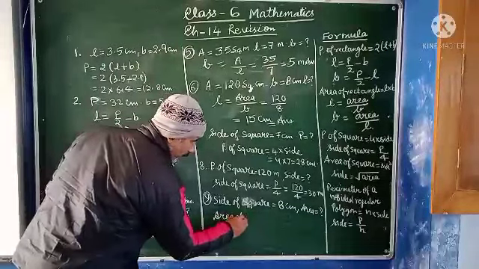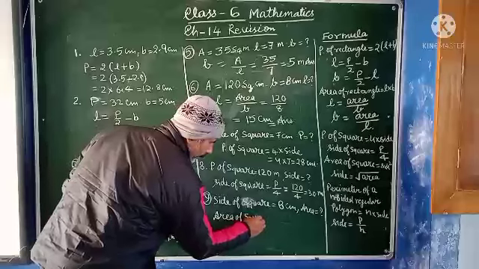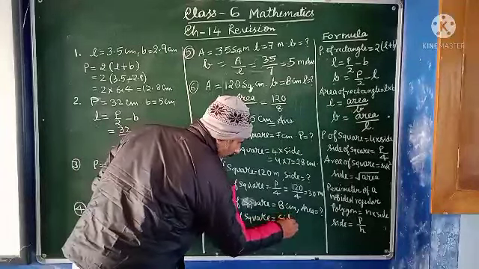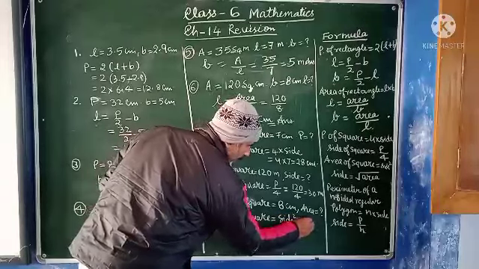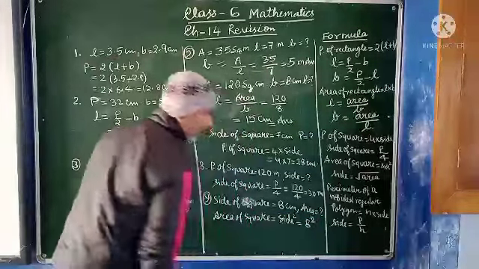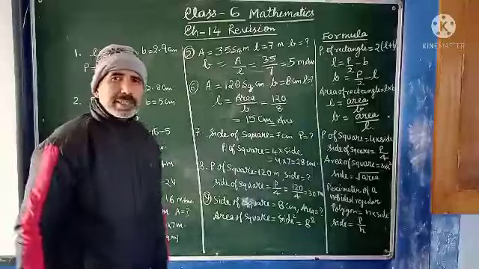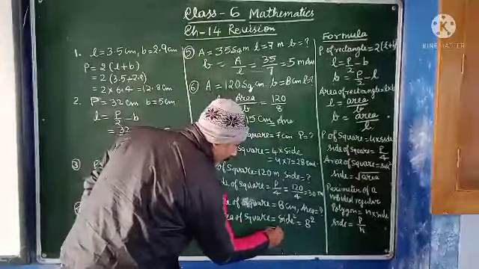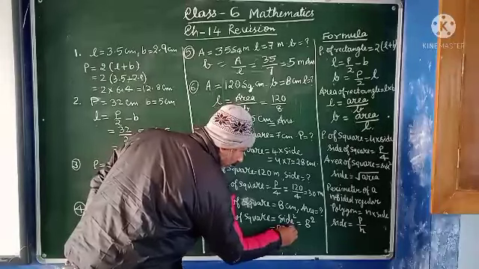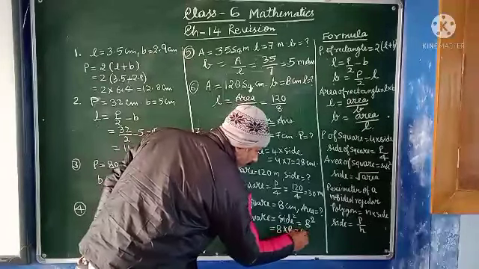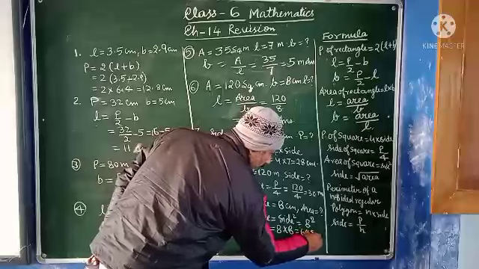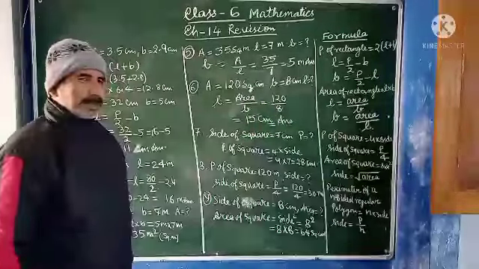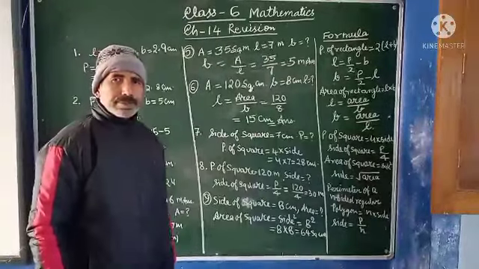Area of square is equal to side square. Side square means 8 square. I told you square means the number is multiplied by itself. So 8 square means 8 multiplied by itself. So what do you get? 64 square centimeter. This will be the area. So I hope you understood.